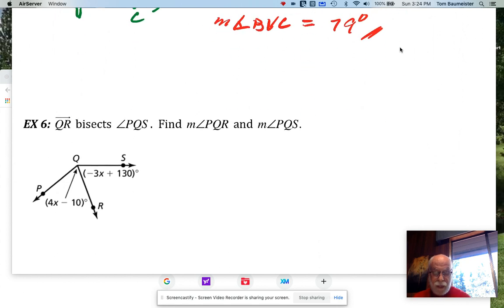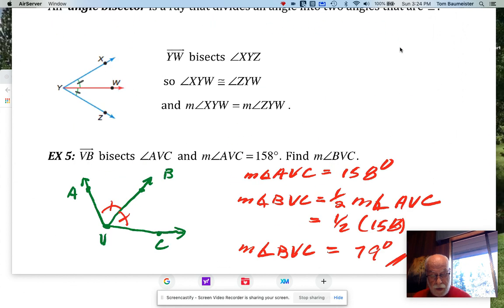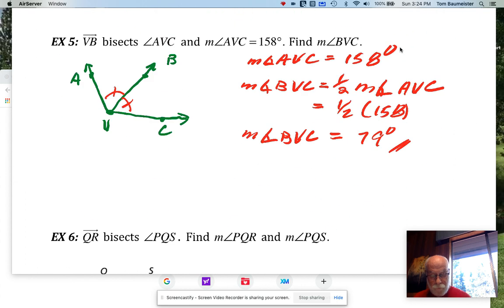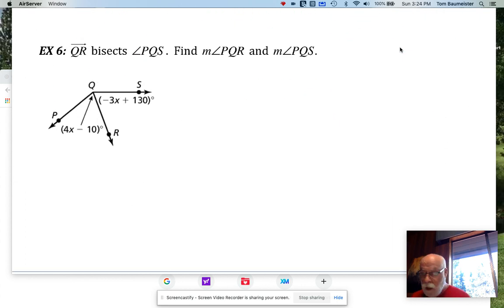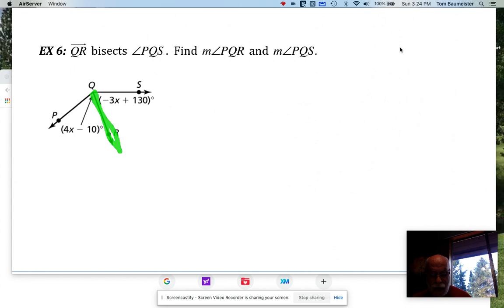And then just like we did last time, with example 4, now we're going to do some algebra with it. All right. So on this one right here, ray QR bisects angle PQS.